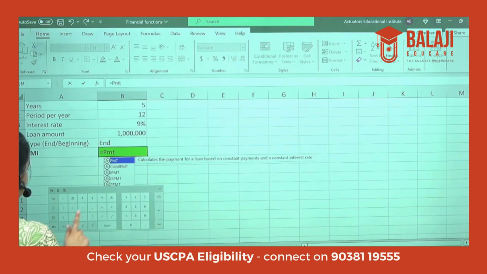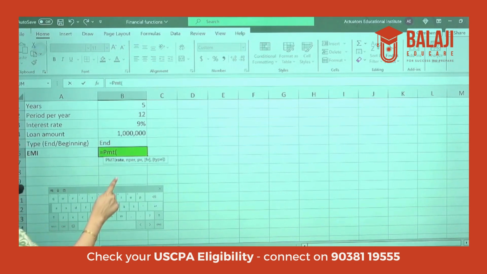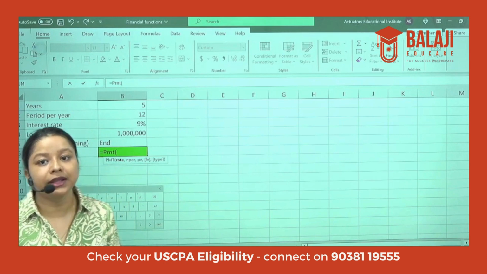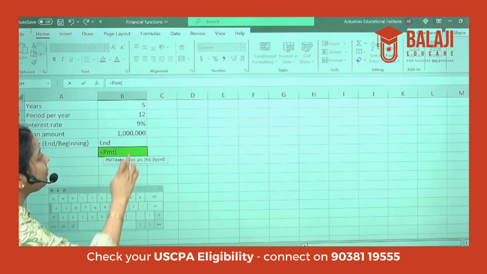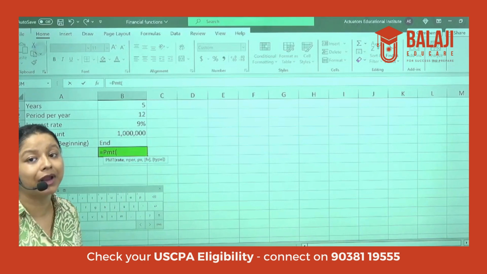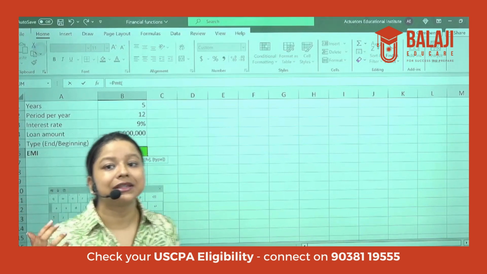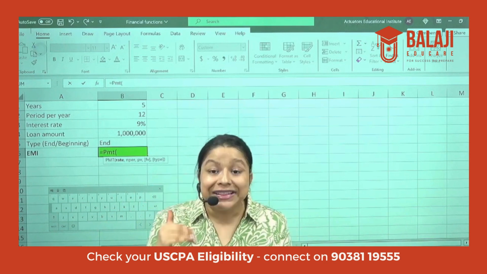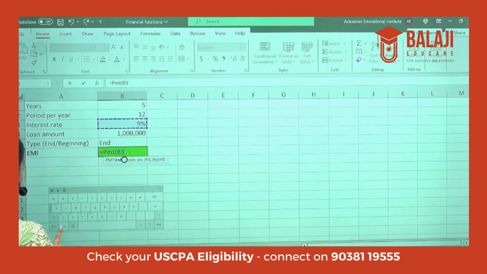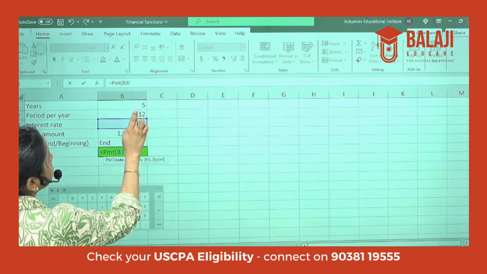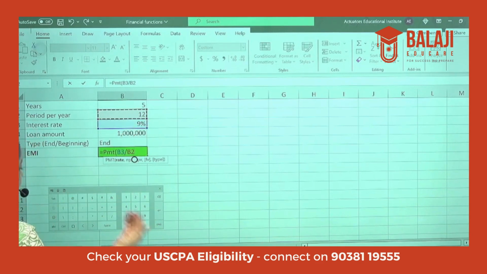Let me open the brackets, and the first argument is the rate argument. Rate here means the 9%. Now 9% is the per annum rate, but we will consider the monthly rate. So select 9% and simply divide it by 12 to get the monthly rate.